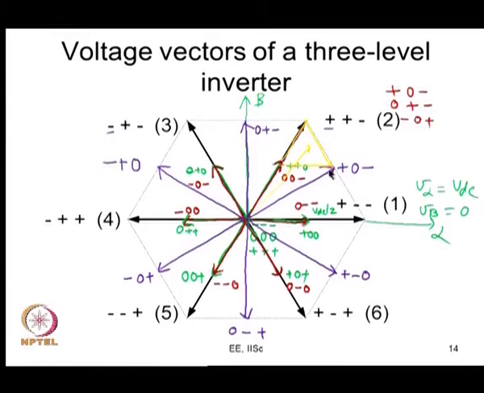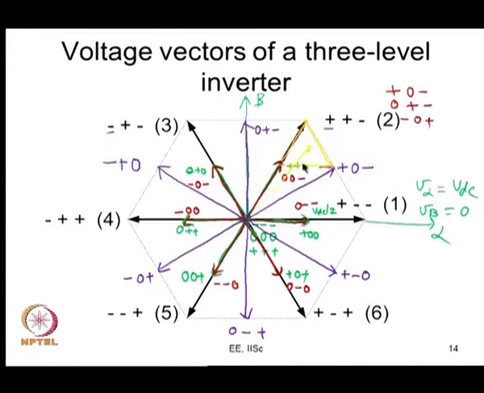Now, since you have many more possibilities, you apply the 3 closest vectors. You see that the error is so small, here also the error is so small. This error voltage vector is nothing but the harmonics, you have the ripple voltages in all the 3 phases. If you transform the ripples in all the 3 phases into the space vector domain, that becomes your error vector, the instantaneous error vector.